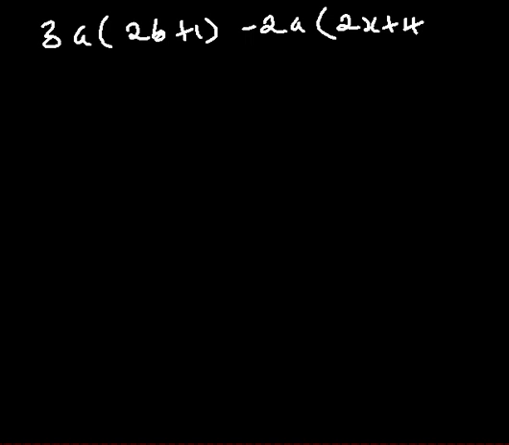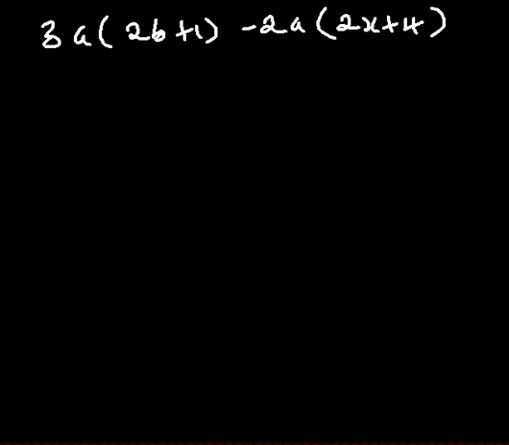And how about if we have this case? Let's say we have 3a times 2b plus 1, like that, and minus 2a open bracket 2x plus 4. How do you think you can have this?